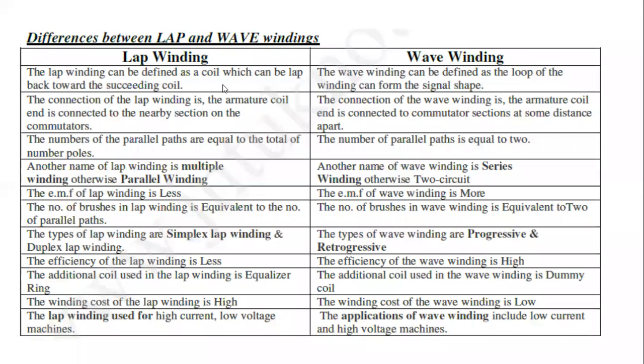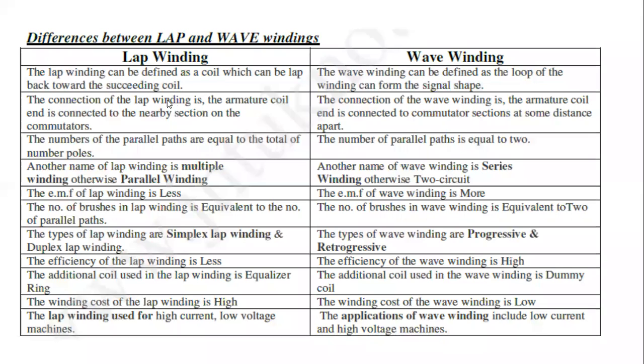Lap winding can be defined as a coil which is lapped back towards the succeeding coil. Lap winding means that the winding is connected towards the succeeding coil. The wave winding can be defined as the loop of the winding forming a sine shape. By using wave winding we can form the sine shape.